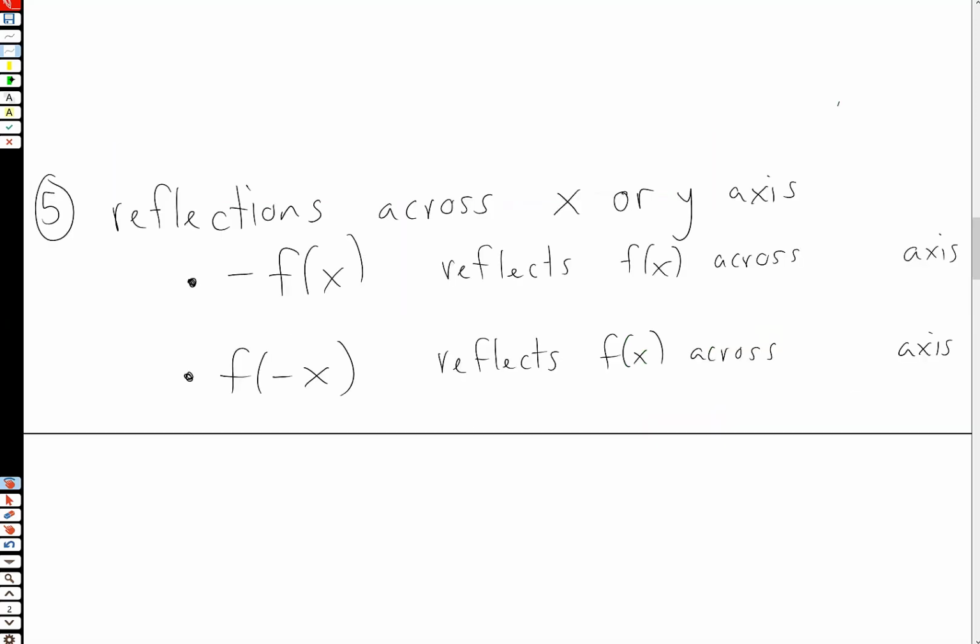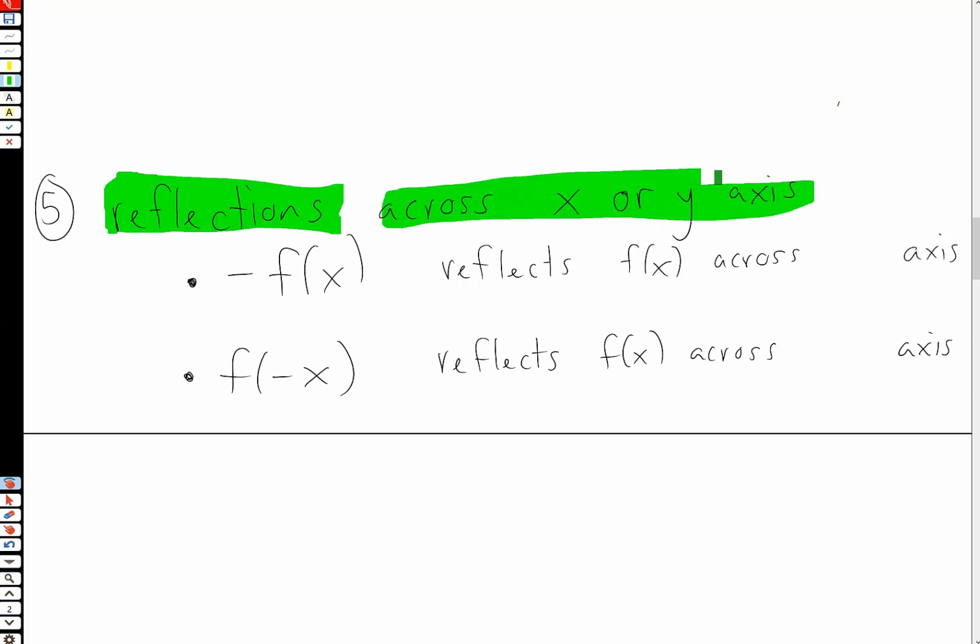And lastly, we have what we call the reflections. The two types of reflections we're going to talk about is a reflection across the x or the y-axis. Now, the way you reflect a function across an axis, you multiply it by a -1.